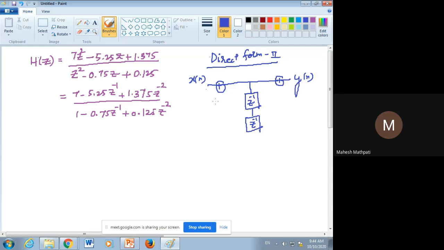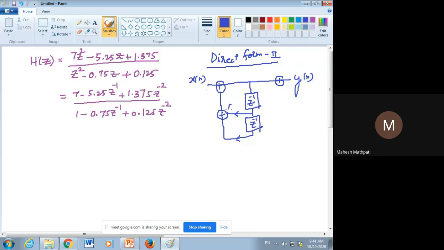So first we will complete this part. Now tell me the multipliers. Already you have drawn the diagram, right? So what are the multipliers on this side? 0.75.